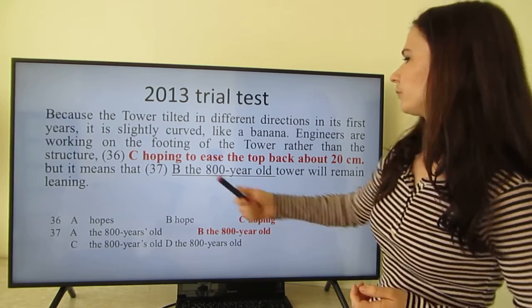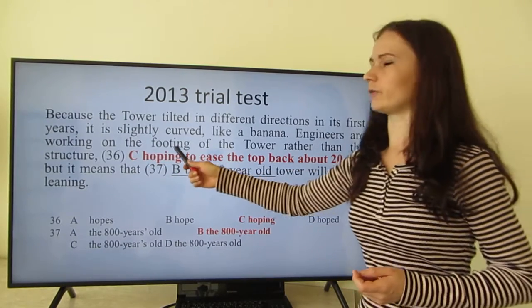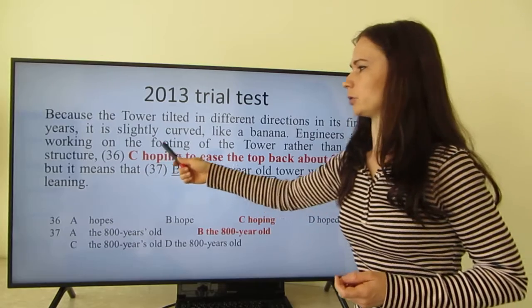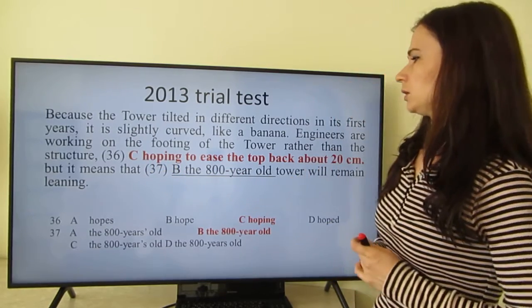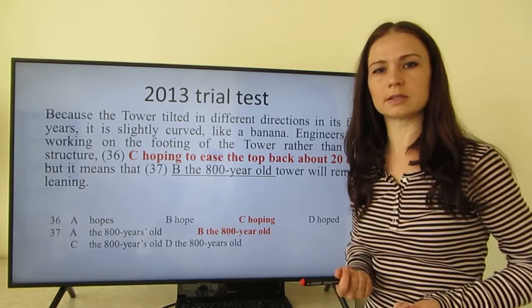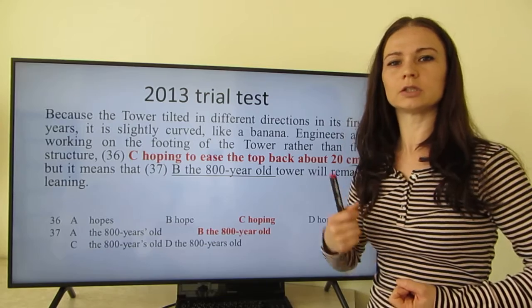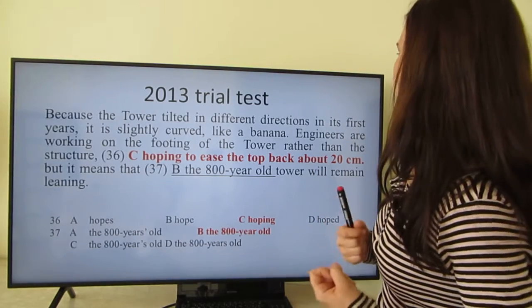So here we have a participle clause which is in red, and we have the present participle hoping, and this is because we can change the sentence and we will have 2 verbs relating to one subject. So what do I mean here?